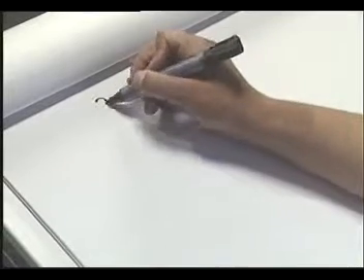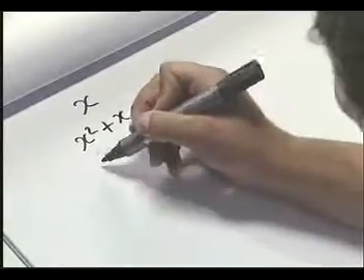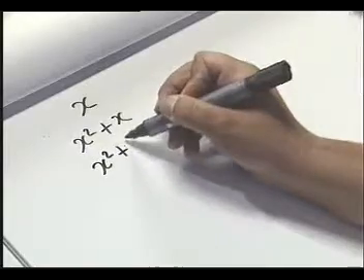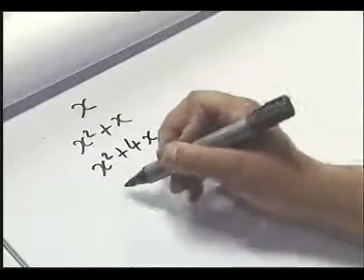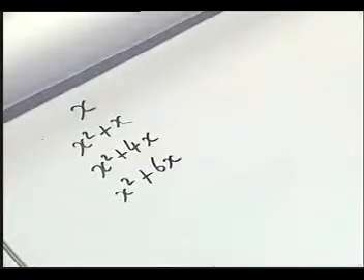Now we'll have a look at some other quadratics and see what happens if we vary the coefficients of x as opposed to the coefficient of x squared. And to do this, I'm going to construct a table. So we'll have our x value at the top, and the 3 functions I'm going to look at are x squared plus x, x squared plus 4x, and x squared plus 6x.